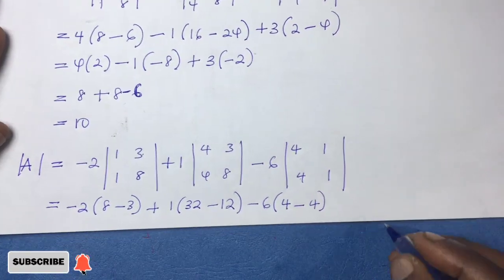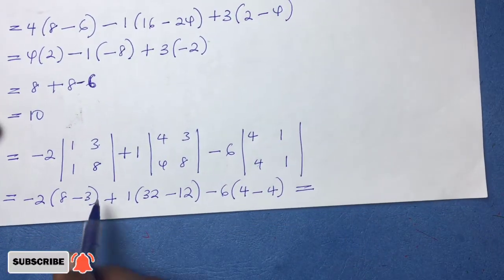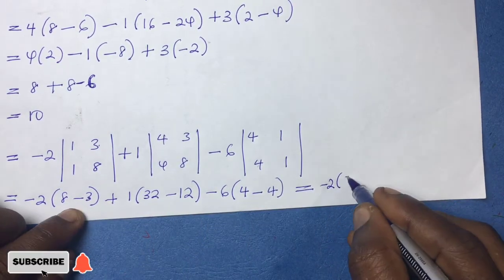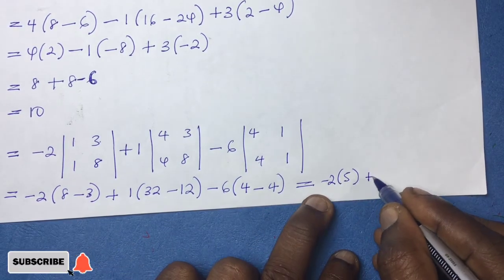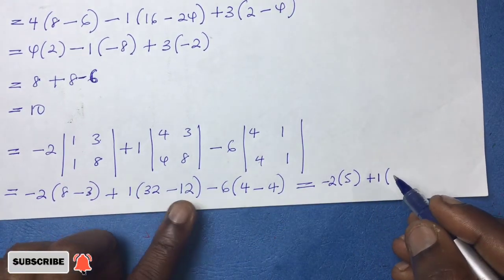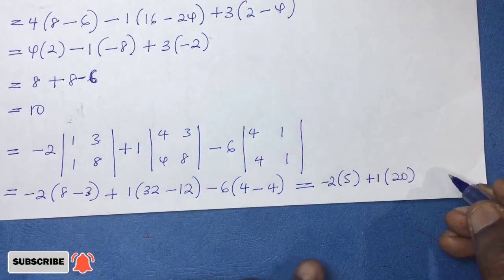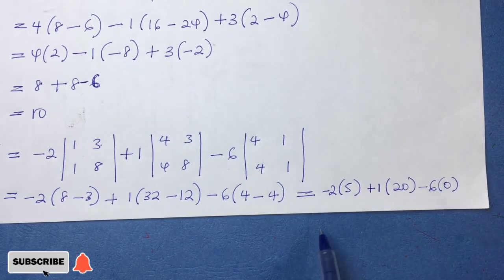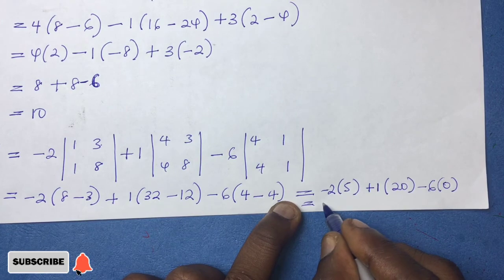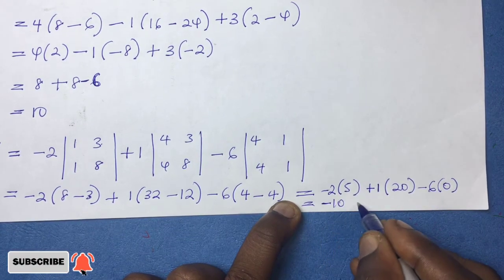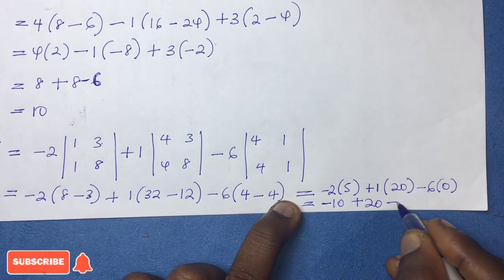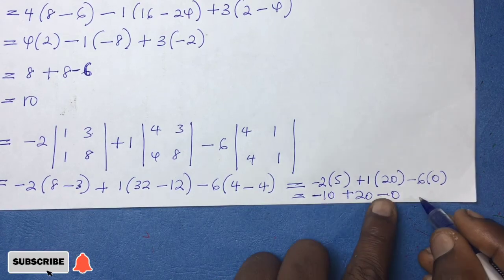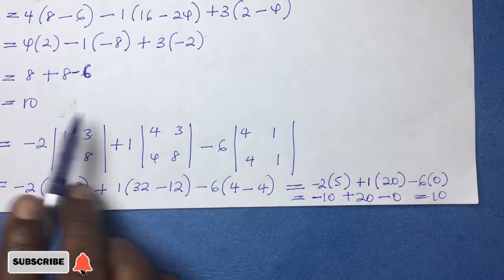That reduces to minus 2 times 5, since 8 minus 3 is 5, plus 1 times 20, since 32 minus 12 is 20, minus 6 times 0, since 4 minus 4 is 0. So minus 10 plus 20 minus 0 gives 10. You end up seeing that we have the same result.